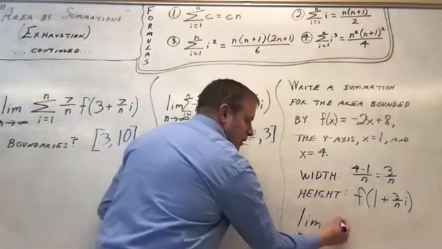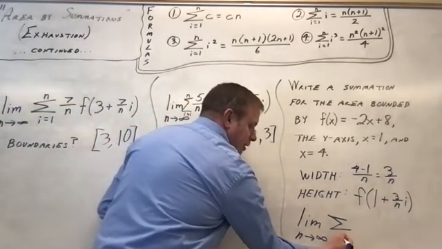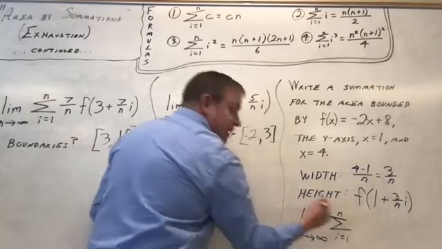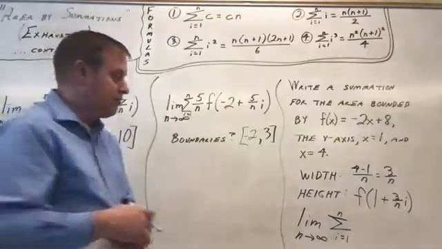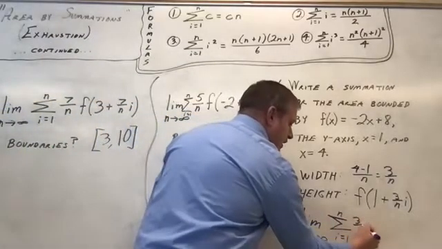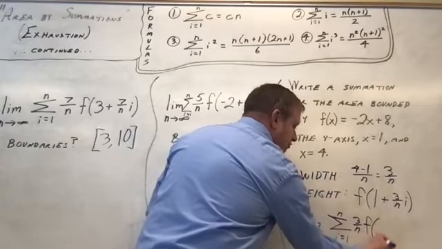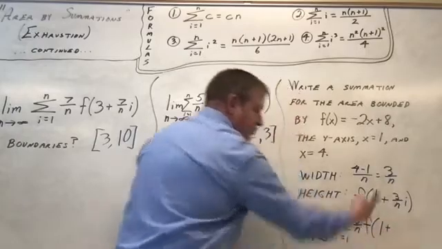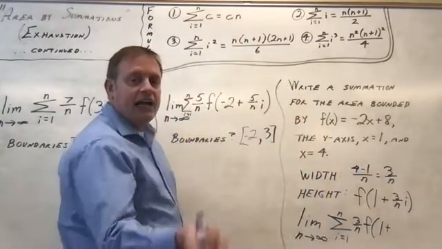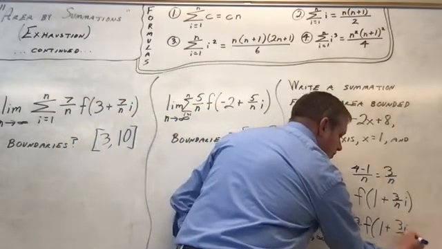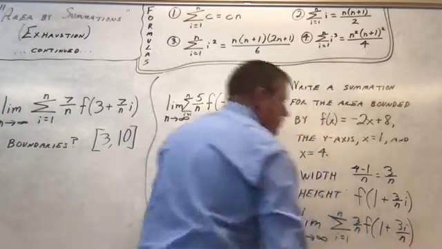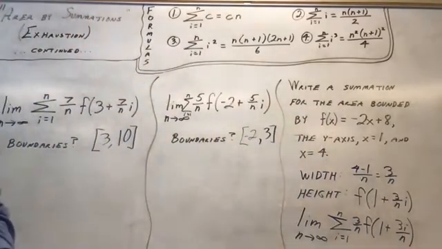Now to this, it's going to be a sum from i equals 1 to n. i is our index, n is a constant, so n is a number. And we're going to put 3 over n here, and then we're going to do f of 1 plus, now I'm going to take that i and have it join the 3. And it takes us to there.